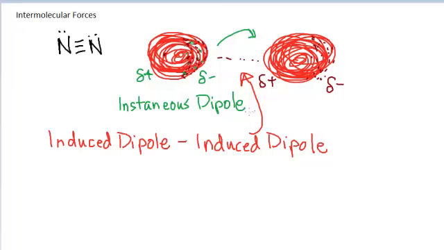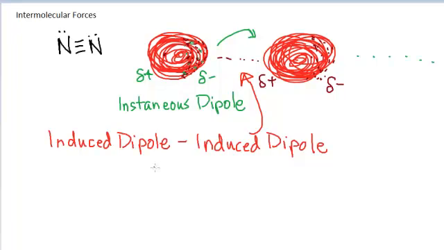Once you start slowing them down enough, these are going to influence neighboring molecules, and you'll get this chain reaction of a bunch of molecules lining up and being attracted to each other through these induced dipole moments. Now, just as quickly as these induced dipole moments occur, they also break, and so we see these happening and then unhappening over and over again. But this force of attraction is enough to cause nitrogen to actually condense to be a liquid.